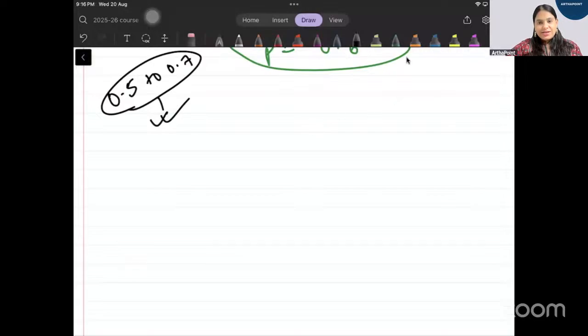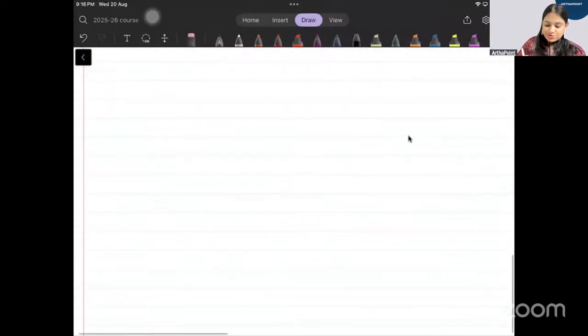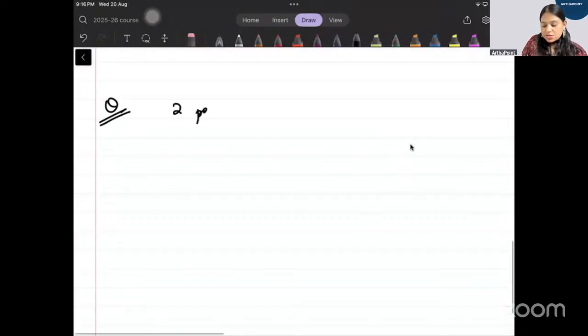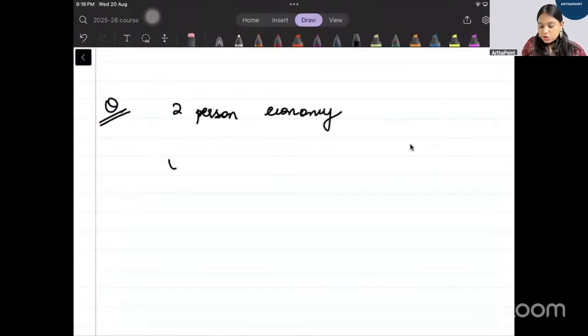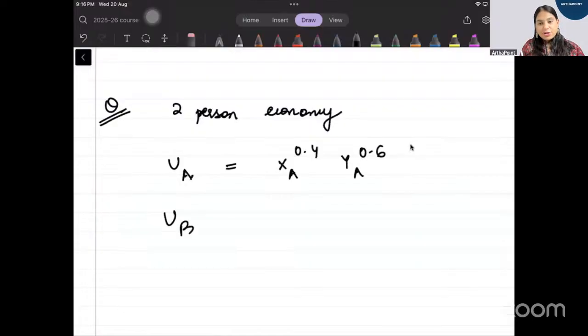Okay, take the next question. Try to do this question. You're given that it's a two-person exchange economy, right? You're given utility of Anil is x to the power 0.4, y to the power 0.6. And you're given utility of Binod is x to the power 0.6, y to the power 0.4.